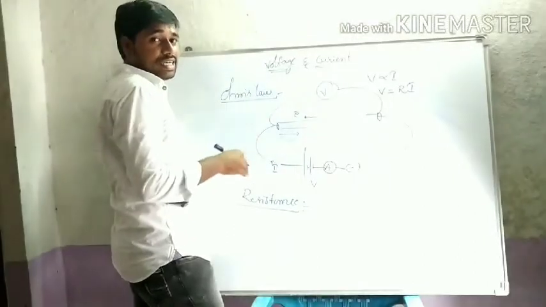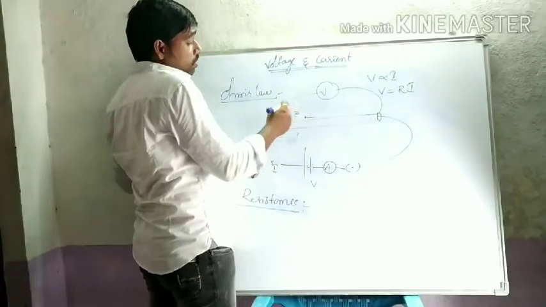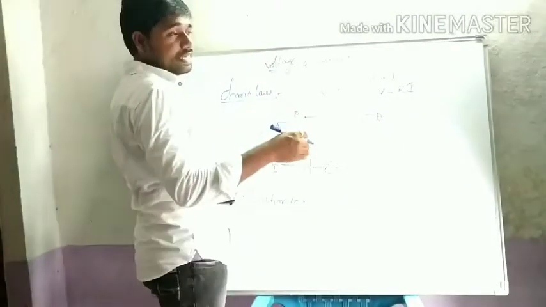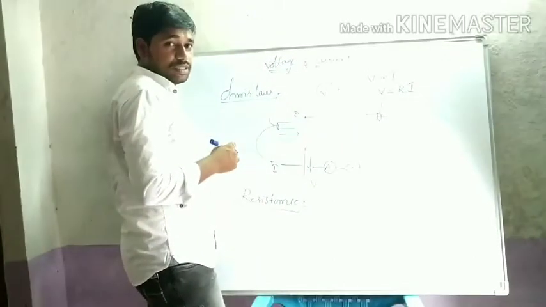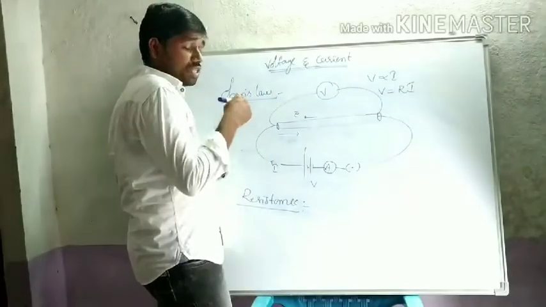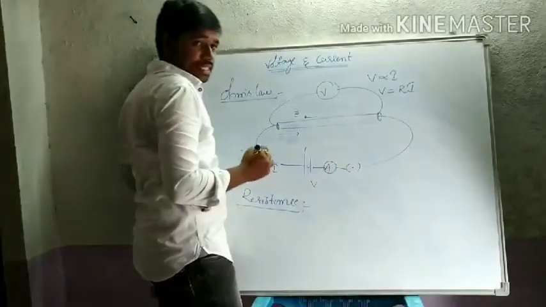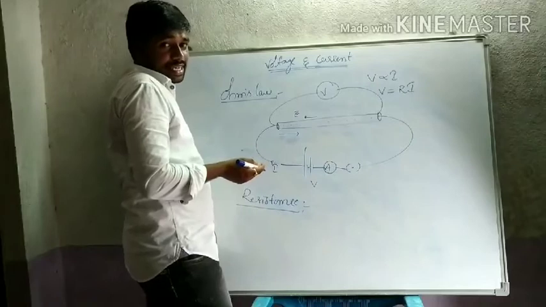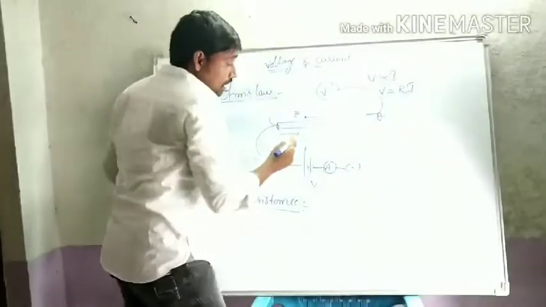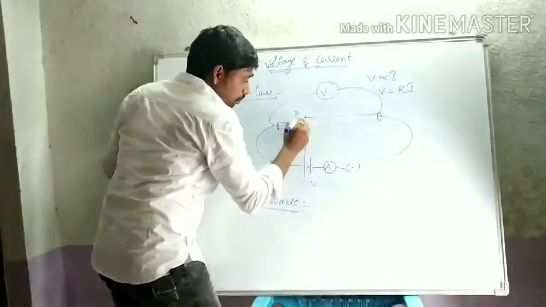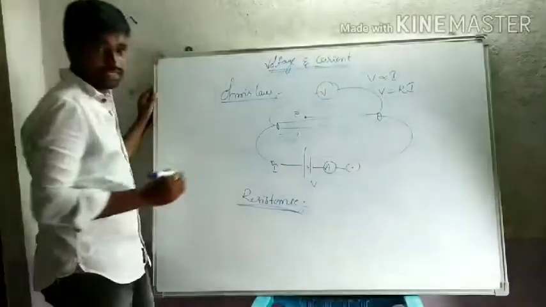As a result, the electron's velocity decreases, and sometimes it comes to a halt. Again, due to the electric field in the conductor, the electrons are accelerated again, and current flows. The opposition offered to the flow of electrons is called resistance.